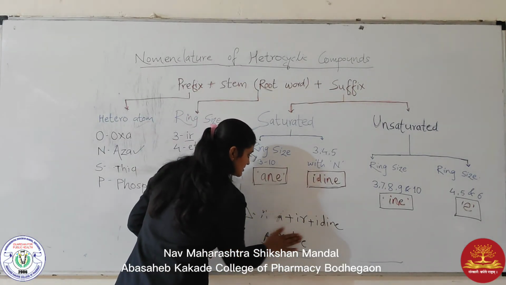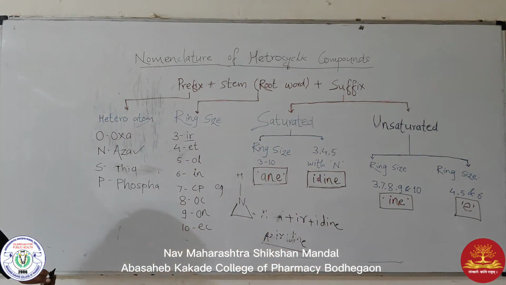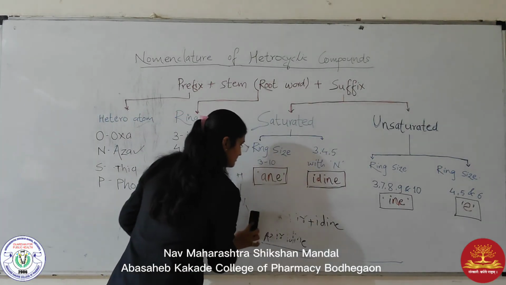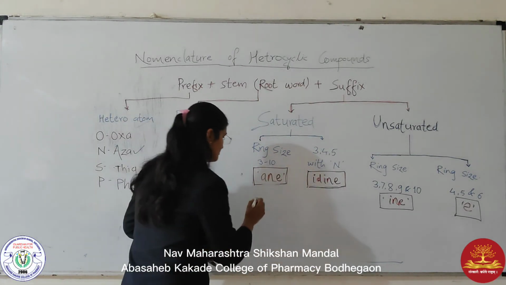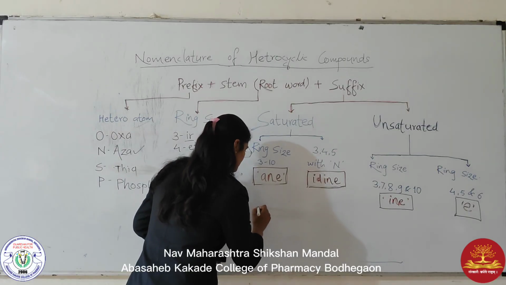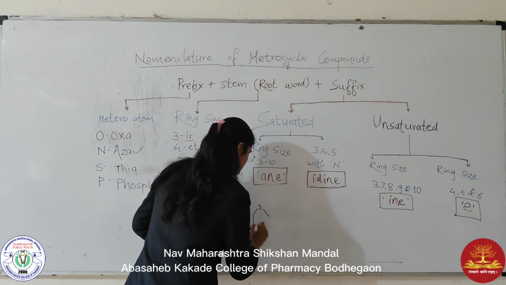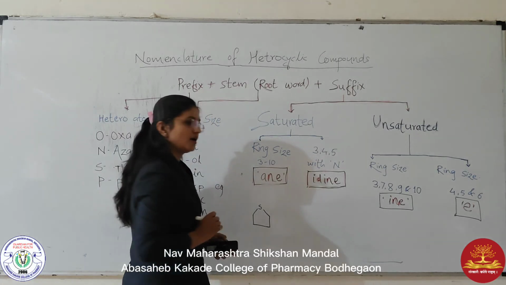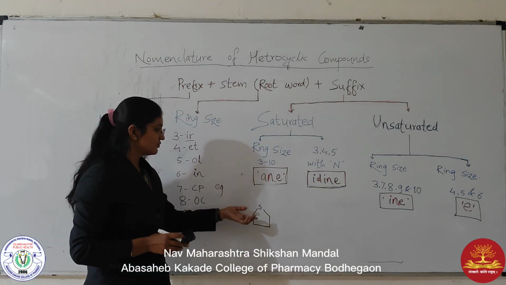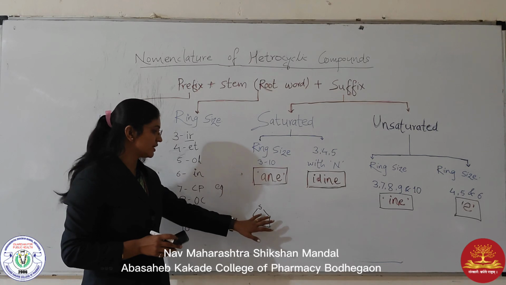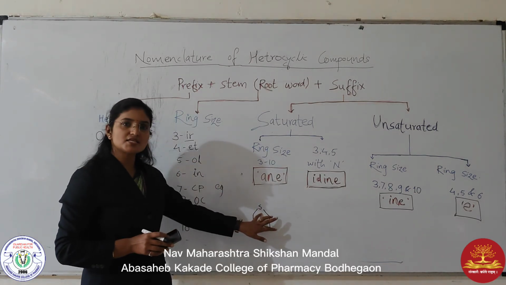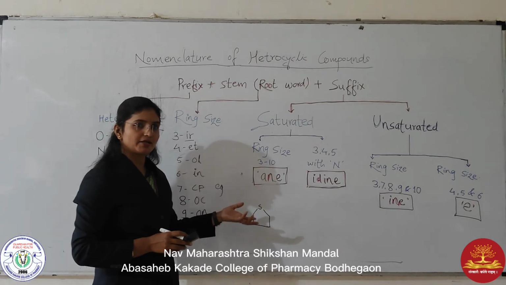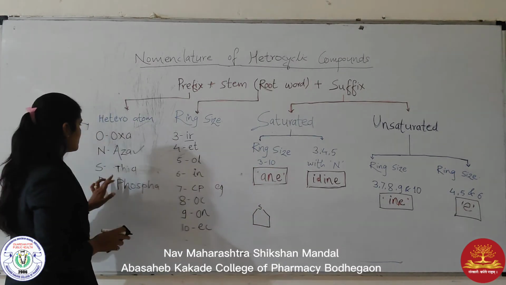Now consider the second example. Here your ring is 5-membered and contains sulfur as a heteroatom. The prefix depends on the heteroatom, so the prefix will be thia.